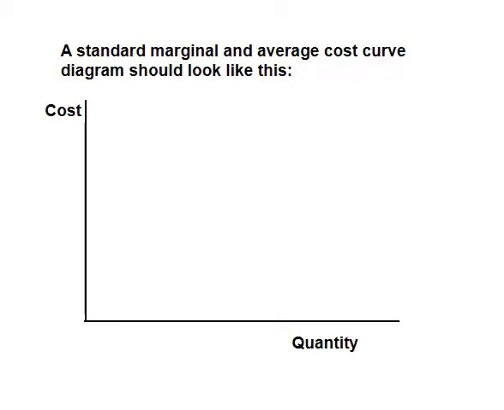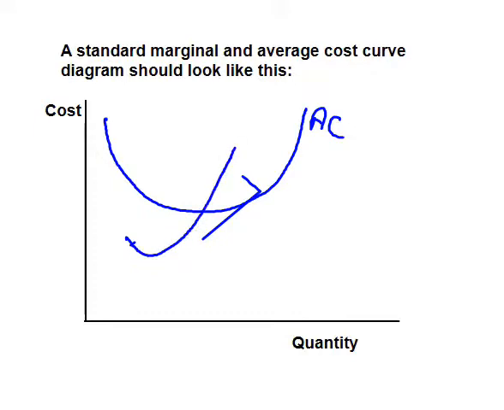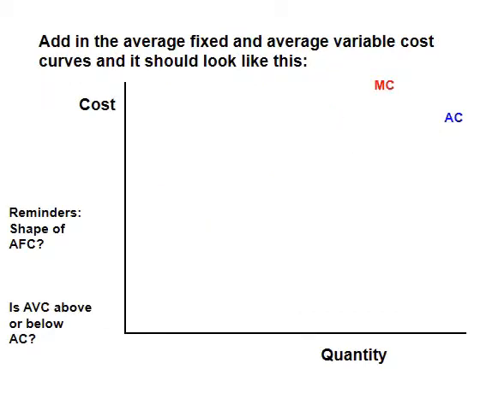So a standard marginal and average cost curve diagram should look like this, and you should be very familiar with this. We've got the average cost here, and we've got marginal cost coming through the minimum. If we add in the average fixed and average variable cost curves, it should look like this. So let's start off once again with the average cost curve.